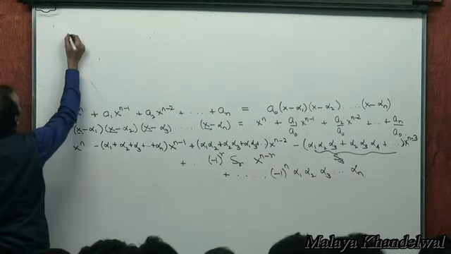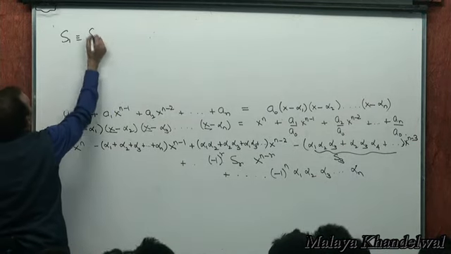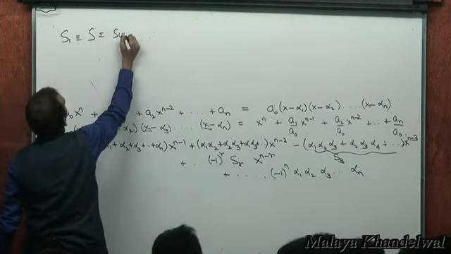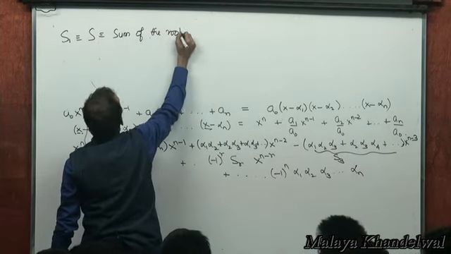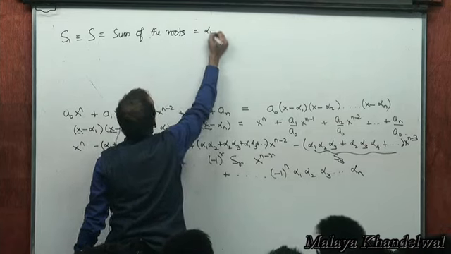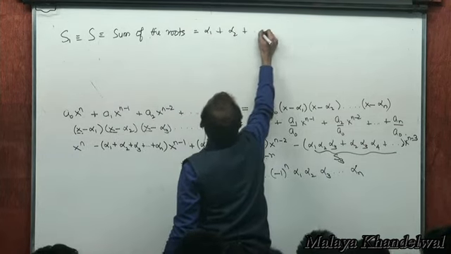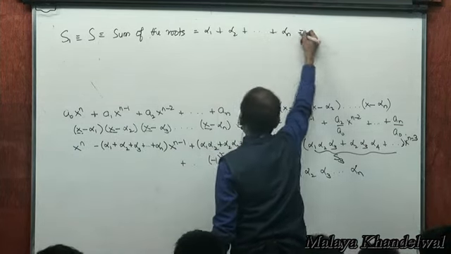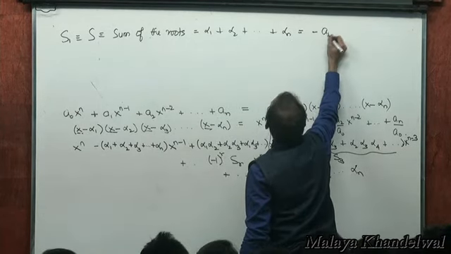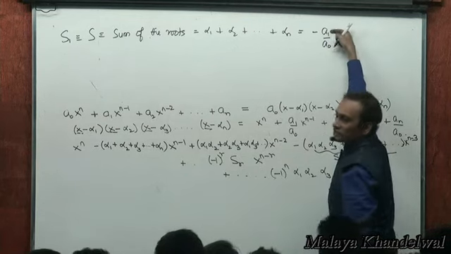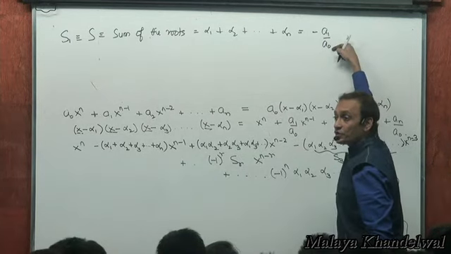then S1, which is sum of the roots, which is alpha 1 plus alpha 2 plus alpha n, that will be minus a1 by a0. Tell me, minus the coefficient of the second highest power divided by coefficient of the highest power.